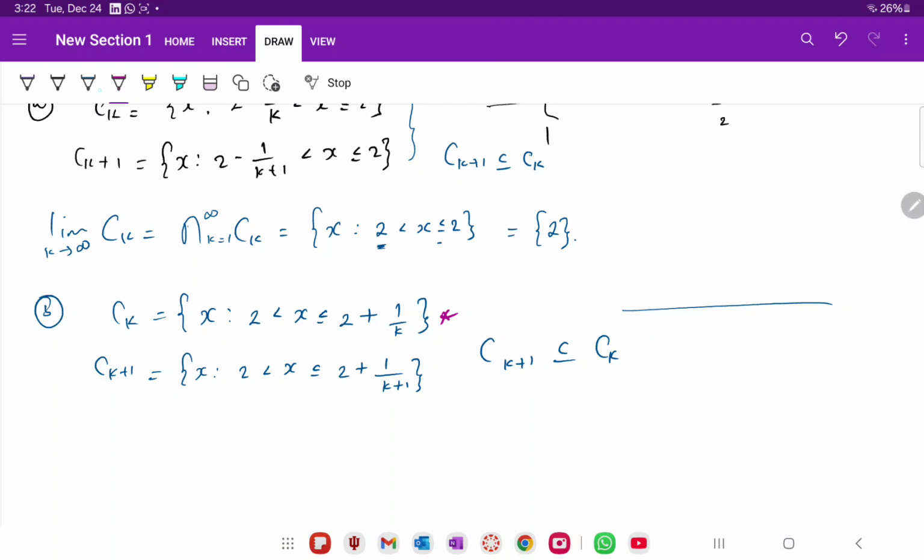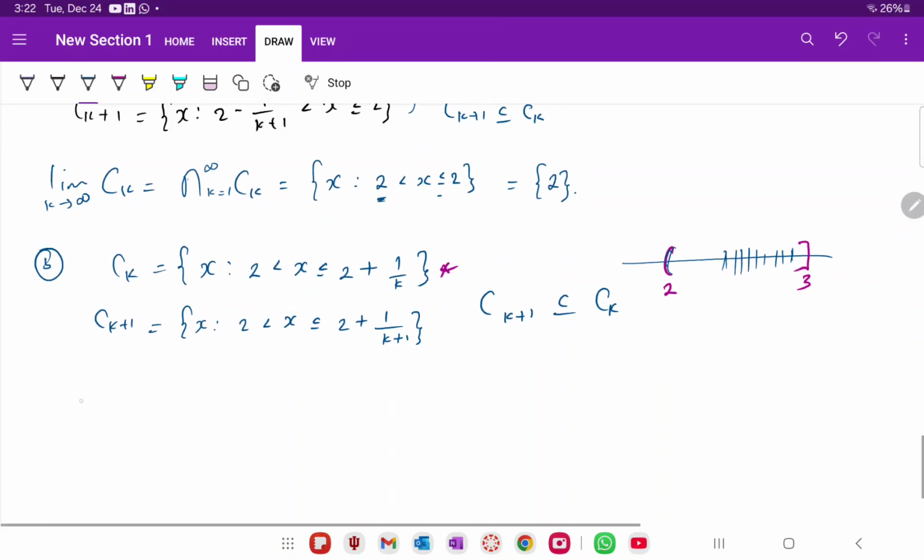For C1, we have 2, this is open, and 2 plus 1 we have 3, this is closed. For C2 we are going to have 2 and 2 plus half, so this is also shrinking.